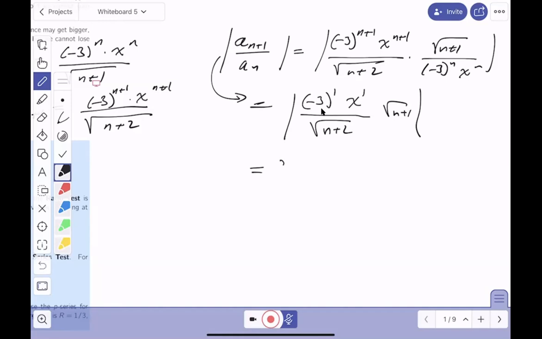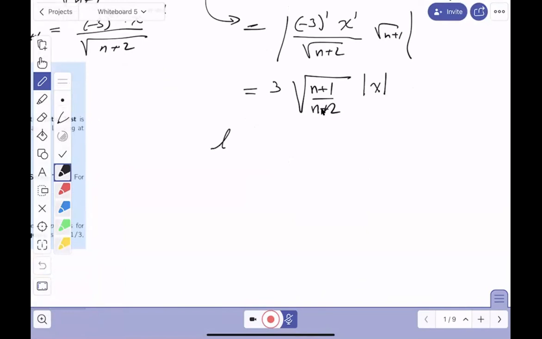So I would get 3, I'll write it a little differently, the root of n plus 1 over n plus 2, times the absolute value of x. Now what do I have to do? Take the limit as n goes to infinity of this. It's going to be 3. And that should be less than 1.